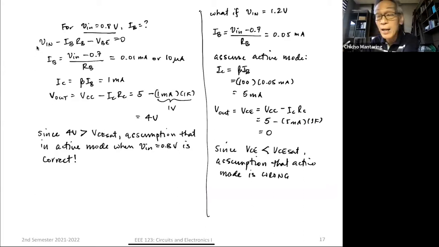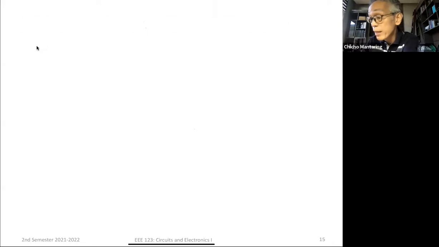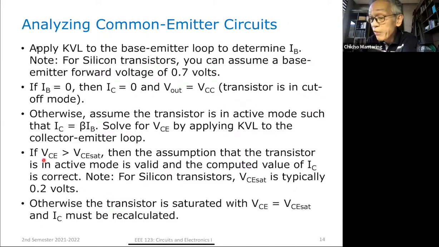So again, let's go back here. We discovered that VCE is less than VCE SAT. Therefore, the assumption that it is in active mode is wrong.